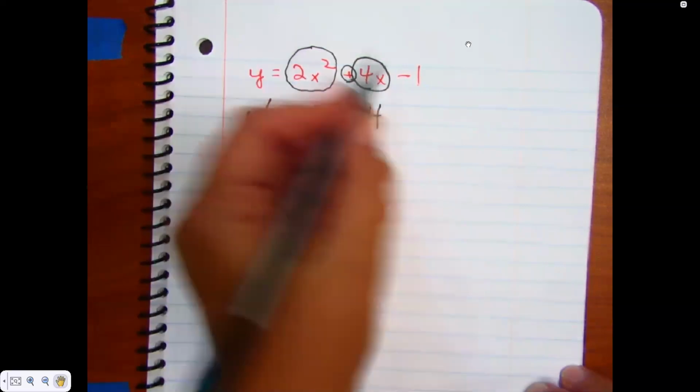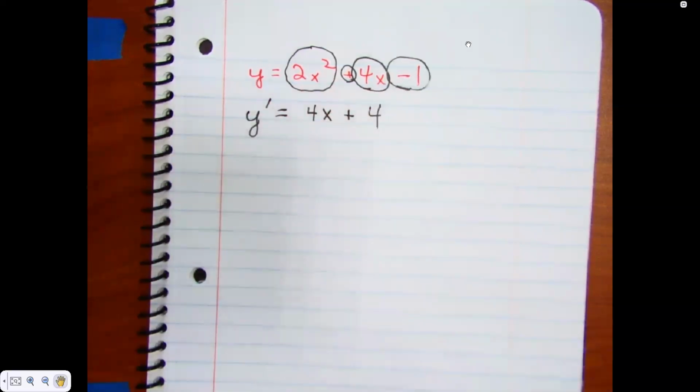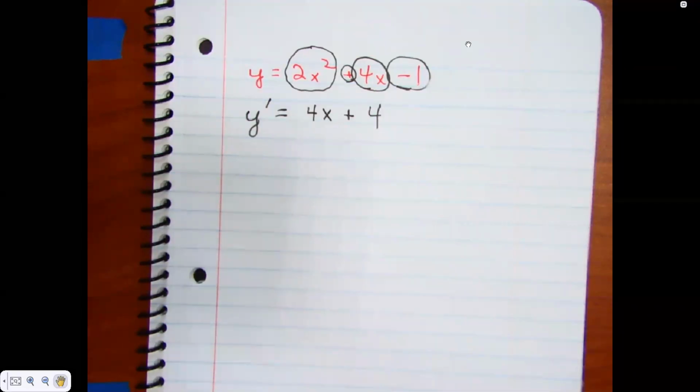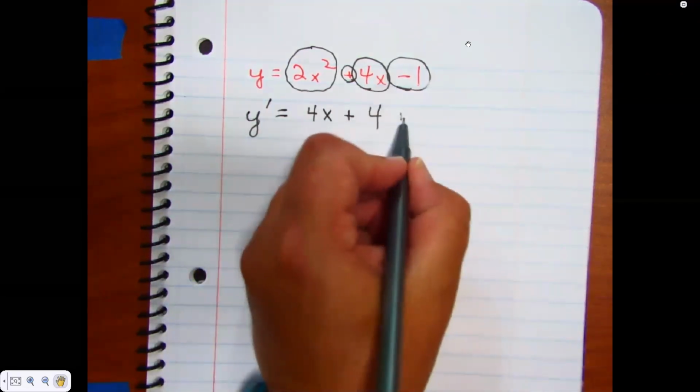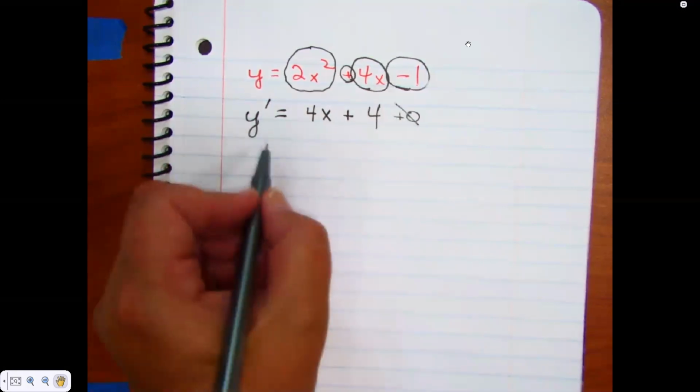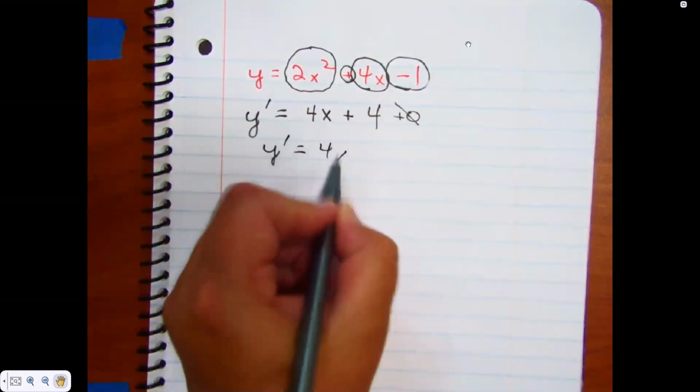And then, here I split it up, but probably better to take the sign with. What's the derivative of a constant? 0. So we could do plus 0. We don't really need that. So we got the derivative to be 4x plus 4.